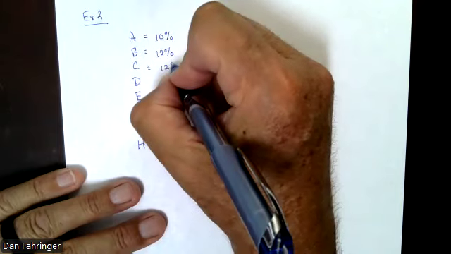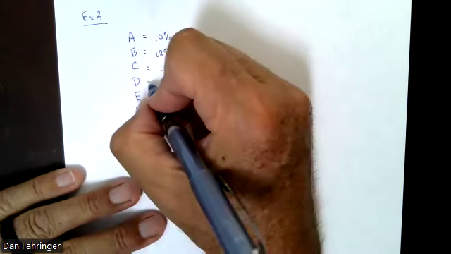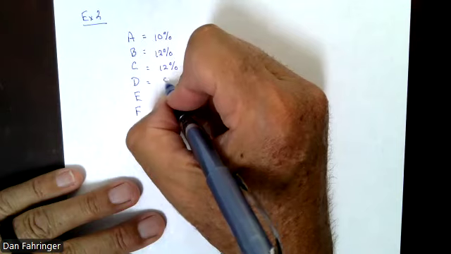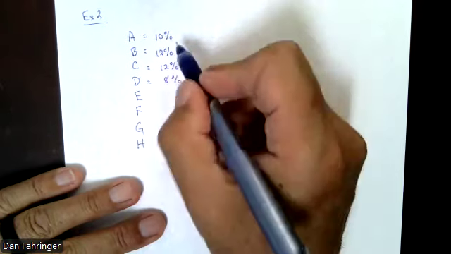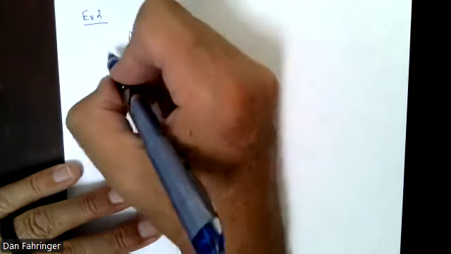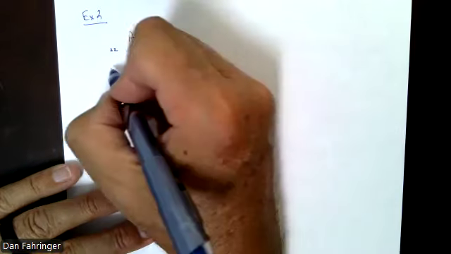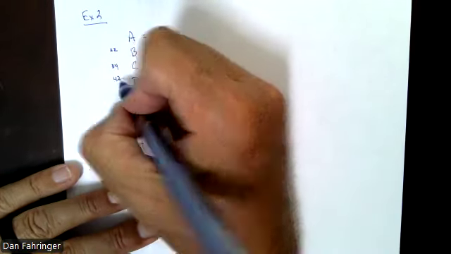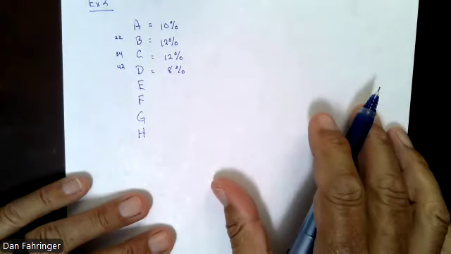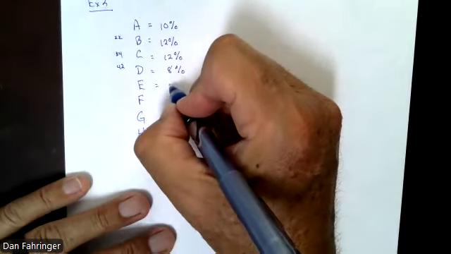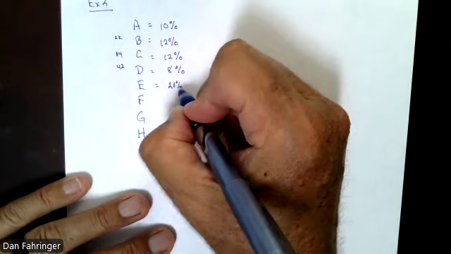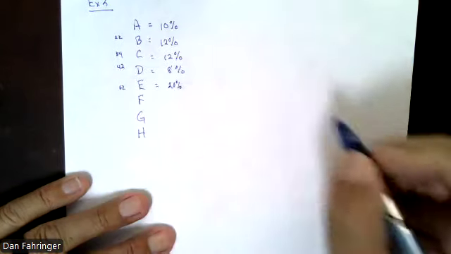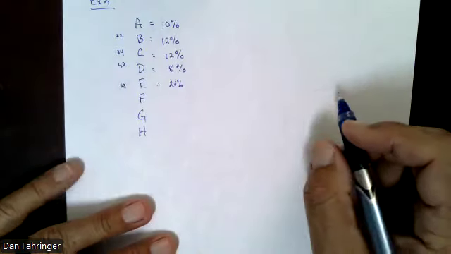C, 12%. D, oh, 8%. We better keep track. 22 after that, and 12 is 34, and 8 is 42, which is about 58 to work with. E, 20%. That gets me up to 62. Still have 38 to work with.